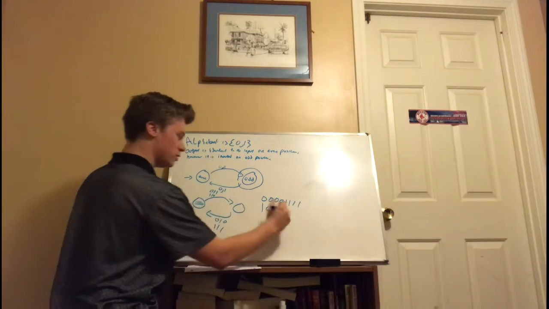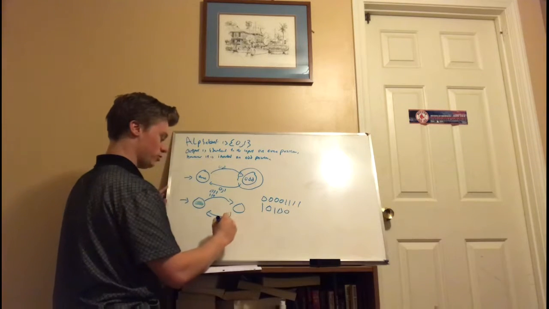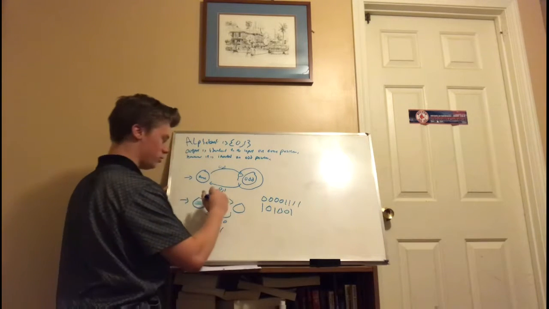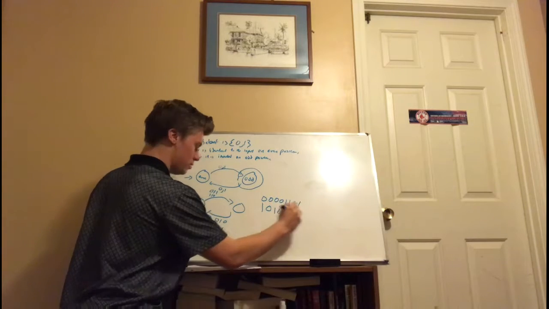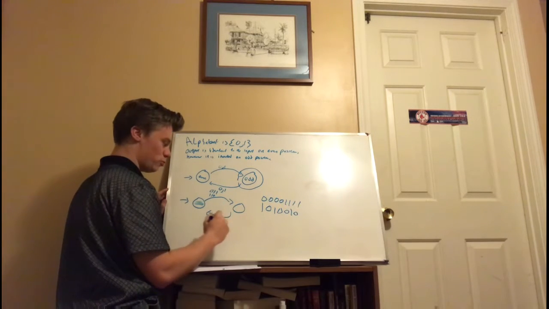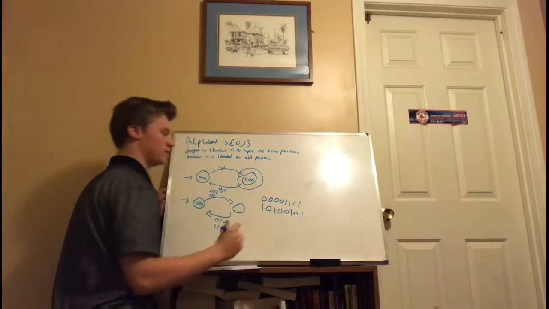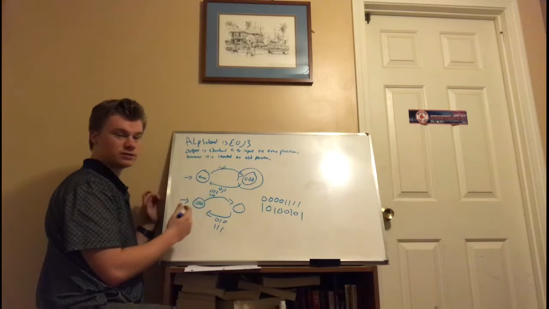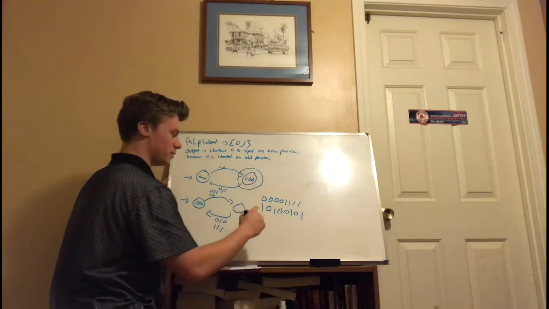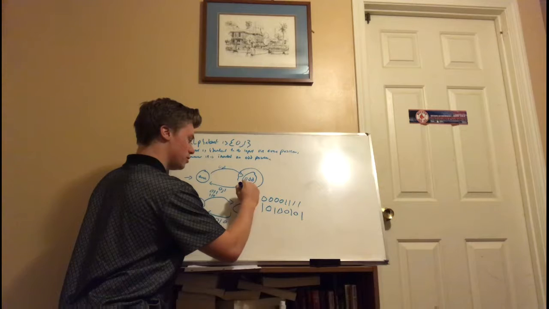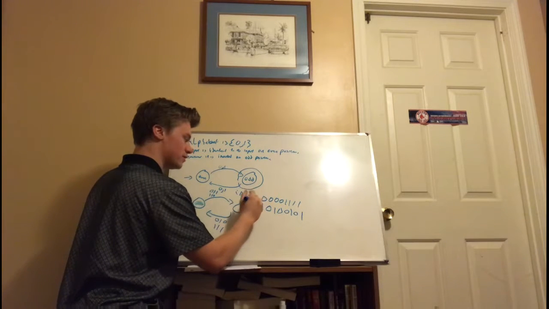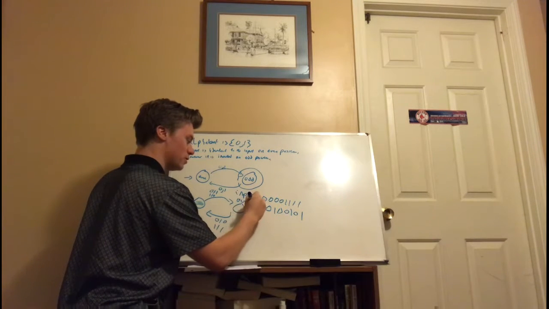We read a 1, output 0. Read a 1, output 1. Read a 1, so it's a 0. Then finally, the last one, we read a 1, so 1. This has no end state, technically. So we took input of this, and the output is this.